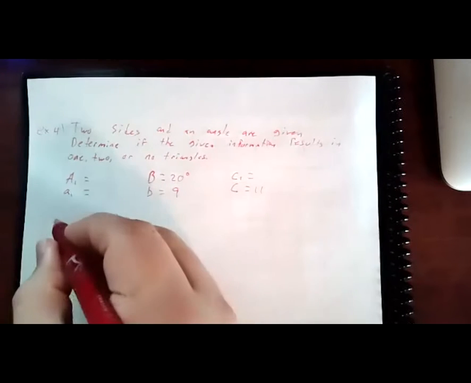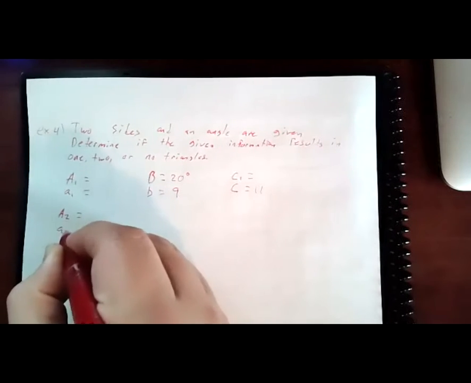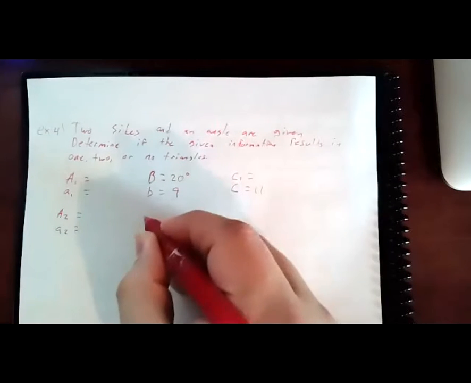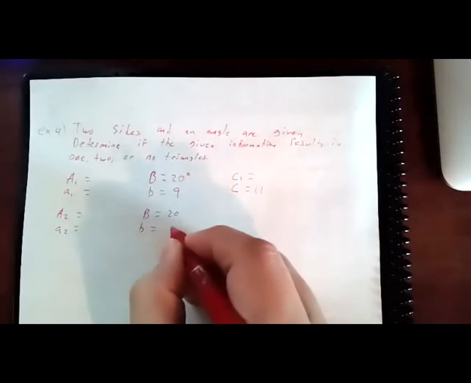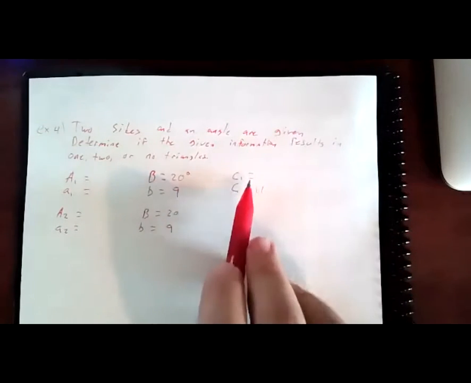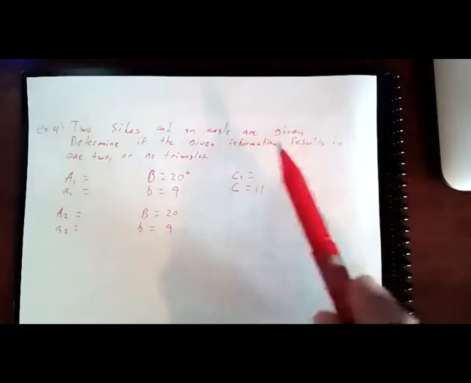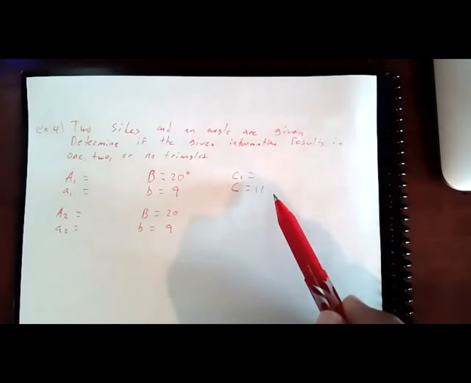Okay, so then over here, I'm going to put A2. Of course, you wouldn't know this ahead of time. I'm just doing it so the notes are a little neater. In the actual question, all you would get was B is 20, b is 9, c is 11. That's all you're going to get.